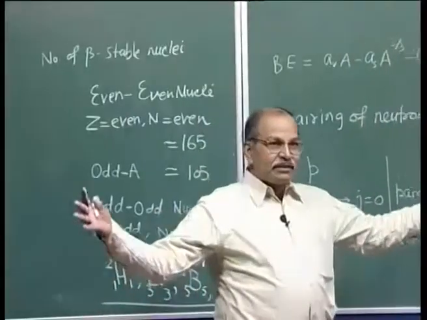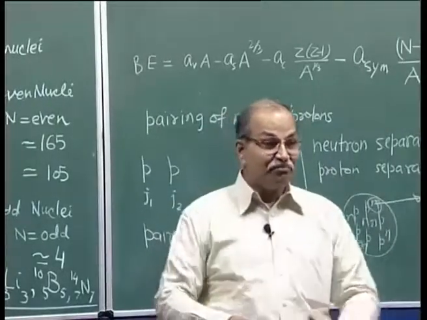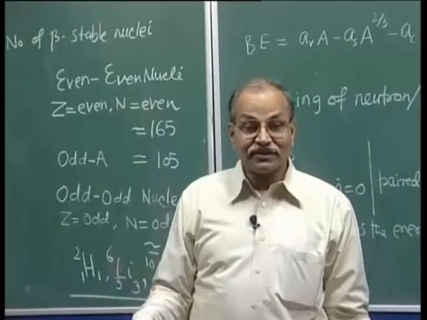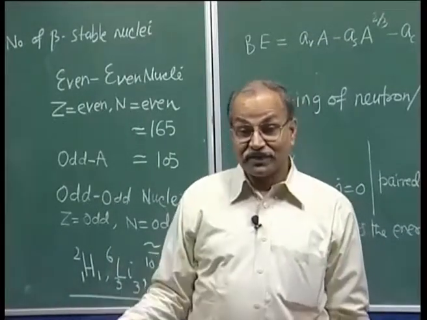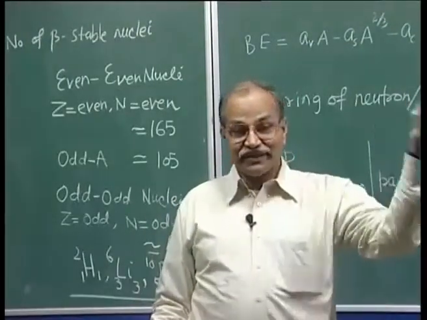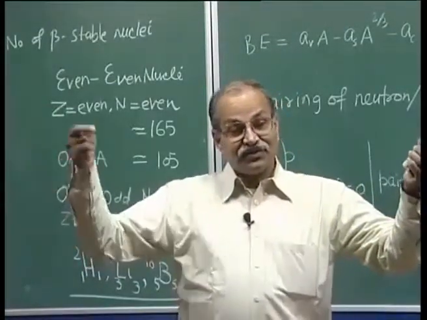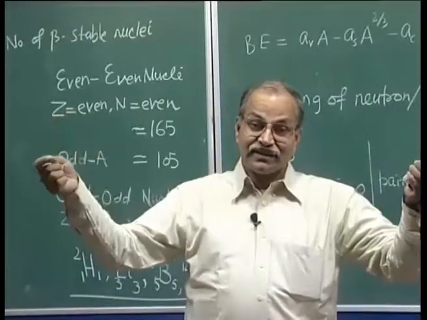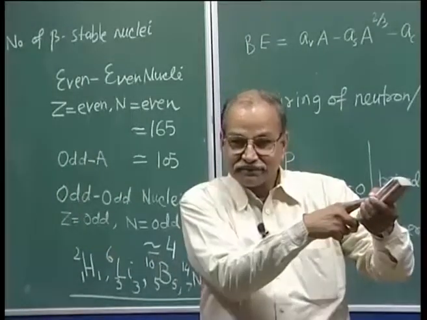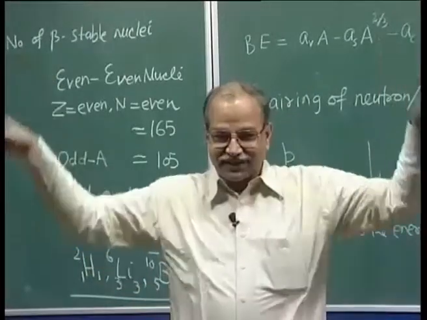So that means somewhere this nuclear force prefers even things. The number of stable nuclei with even configuration is much larger than odd configuration. So odd is really odd. If you have one odd proton sitting here and one odd neutron sitting here, there is a great chance that either this neutron will convert itself into a proton and pair up, or the proton will convert into a neutron and pair up, depending on other things.